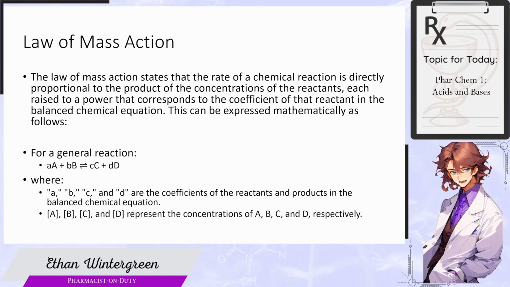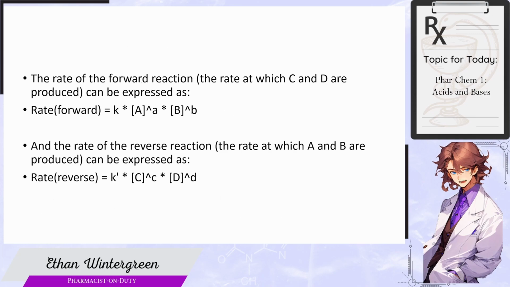So the general reaction is the rate forward is KF [A] raised to a times [B] raised to b. And the rate backward or rate reverse is KR [C] raised to c multiplied by [D] raised to d.